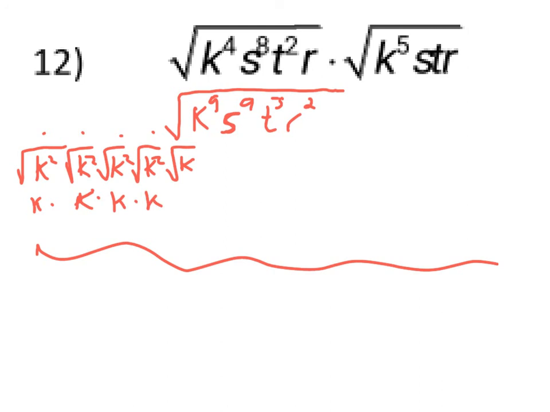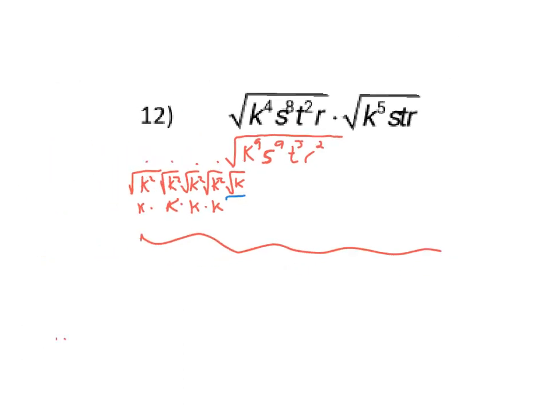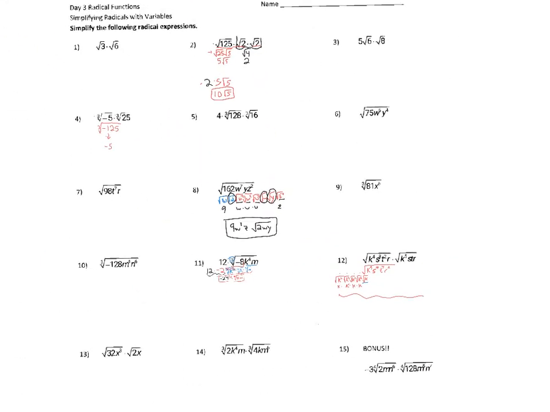This guy is sad because he can't leave. You have to do that with all of the variables, break them out in chunks, and then put back together the variables that came out of the radicals, and then put back together the variables that had to stay inside the radical. So that's your plan of attack. All right. Happy simplifying.